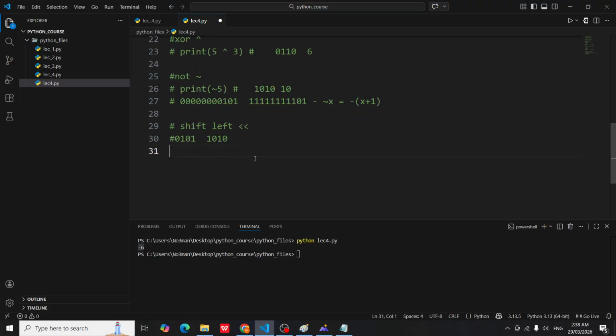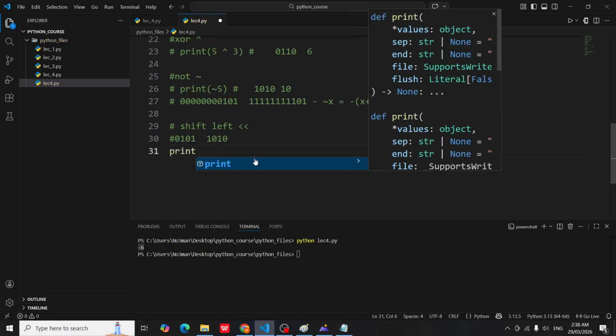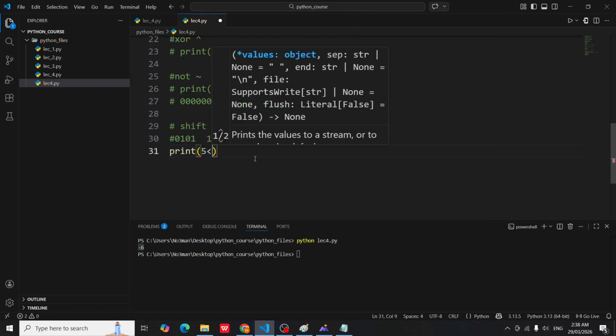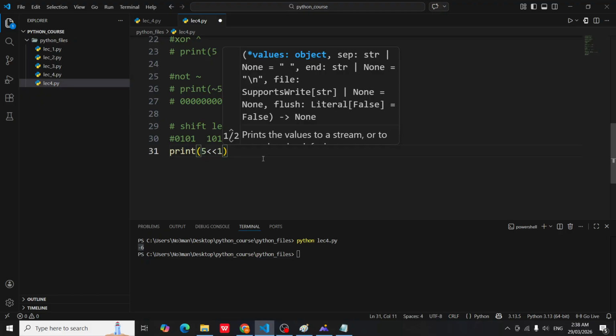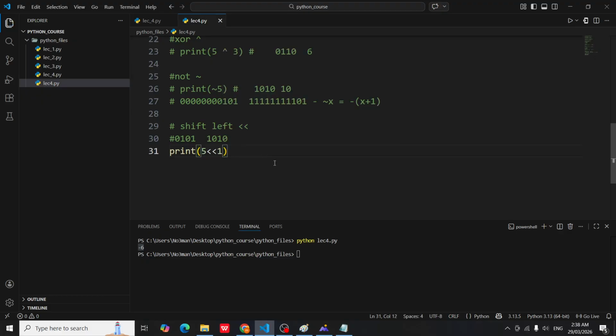Let's print 5 left shift 1. That should give us 10. Let's save the file and run. It gives us number 10.